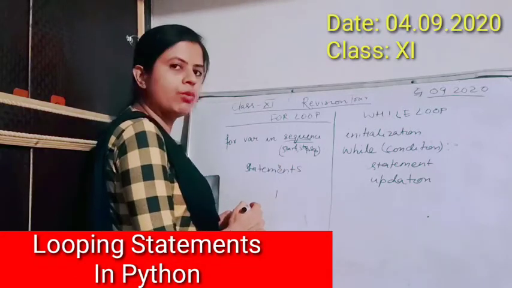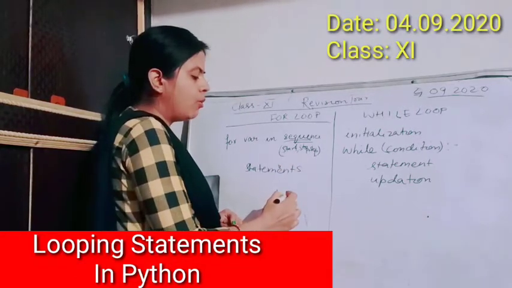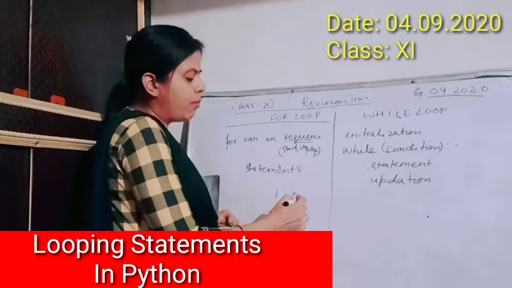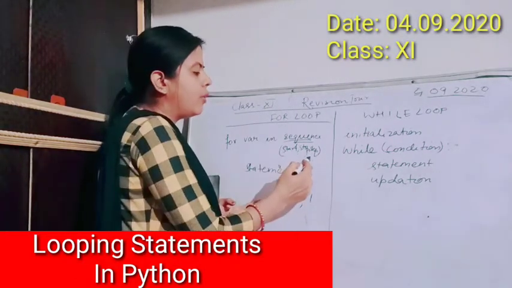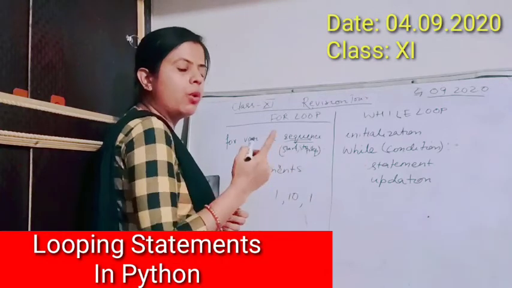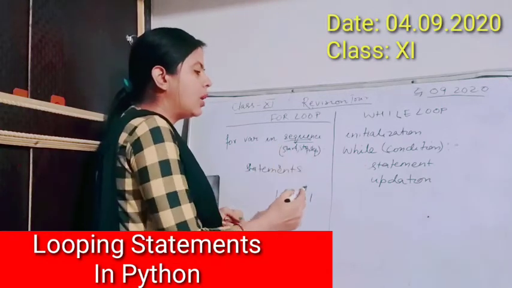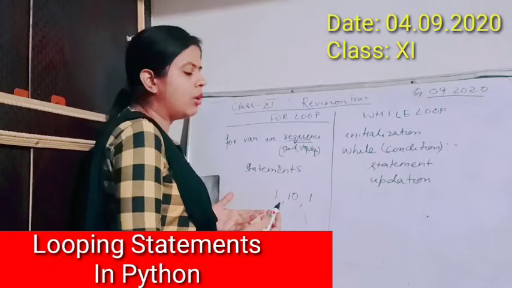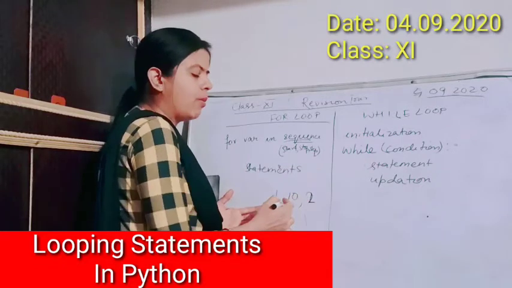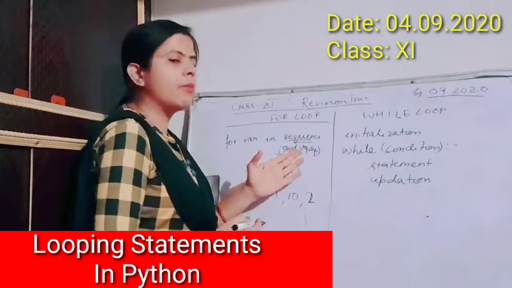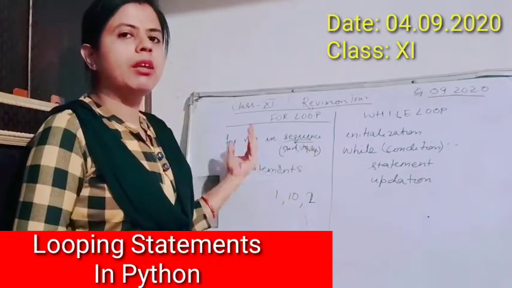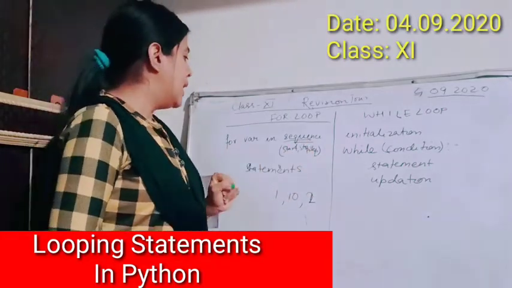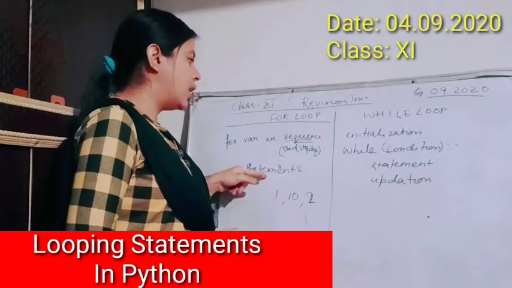So my start value will be 1, my stop value will be 10, and my step value will be 1. By default the for loop increments the value by 1 only. But if you want it to be incremented by 2, 3, 4, you can give the step value. But in case of step value 1, if you do not give it, it will by default increment the value by 1. Now the set of statements will be written here.